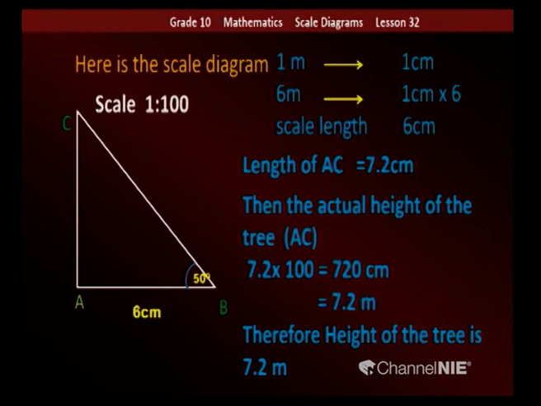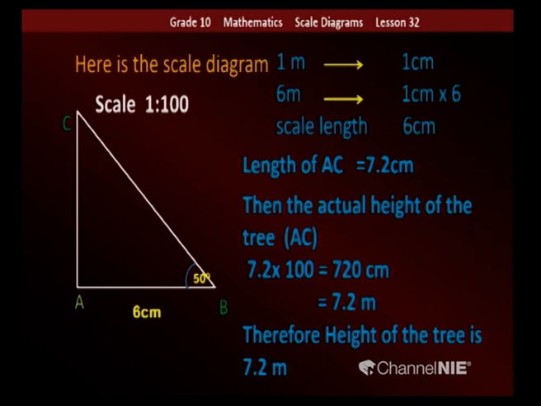Now see the way I found: 1 meter by 1 centimeter, then 6 meters by 1 by 6. The scale length is 6 centimeters. Okay.